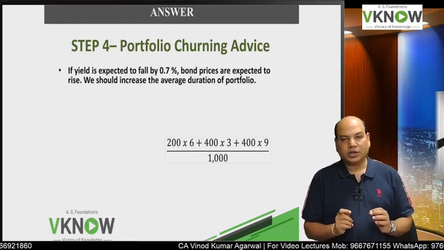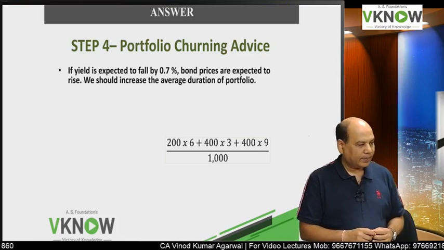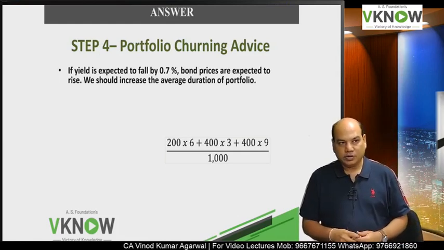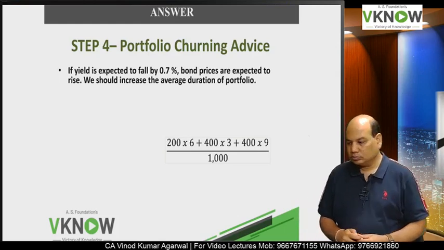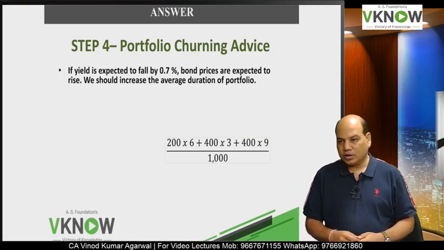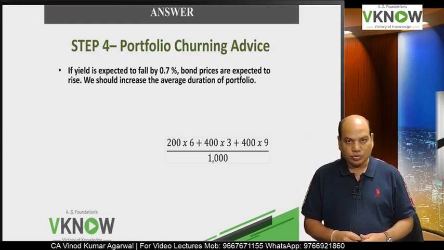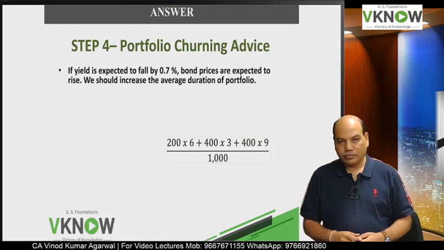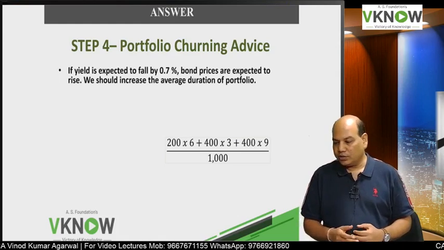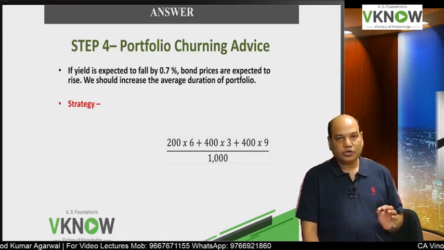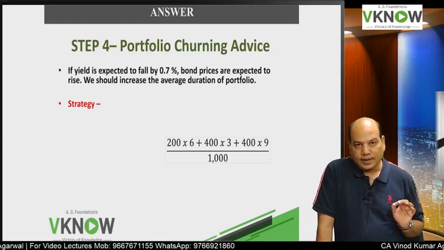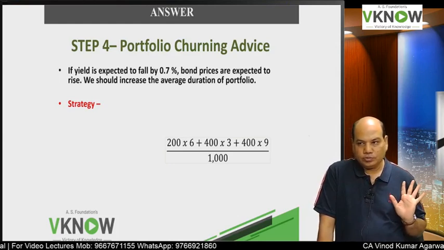If yield is expected to fall by 0.7%, bond prices are expected to rise. Therefore, we should increase the average duration of the portfolio.